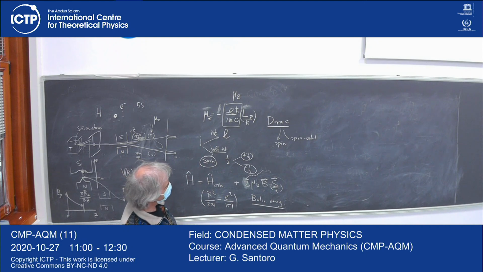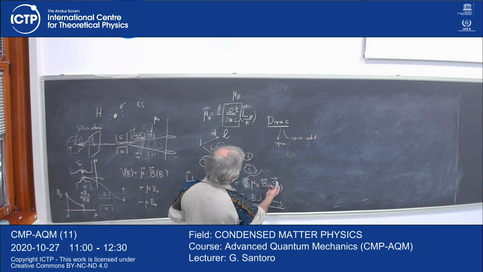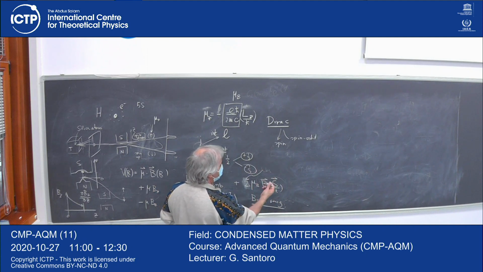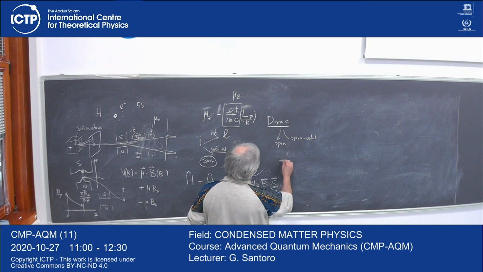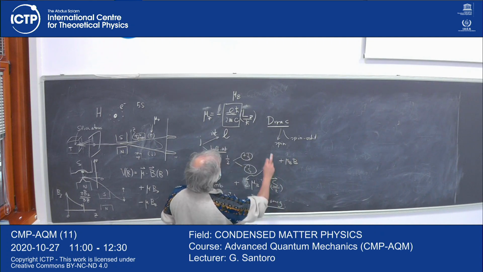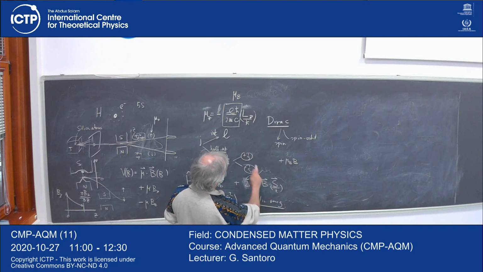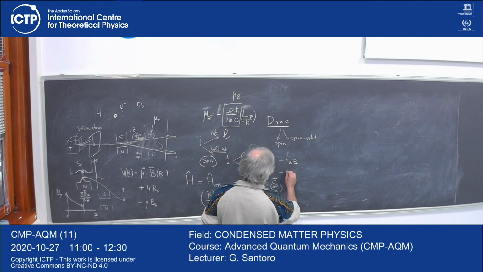So what you have is that the spin up has an energy plus mu_B B, because there is a plus 1/2 from there, and the spin down has an energy minus mu_B B.